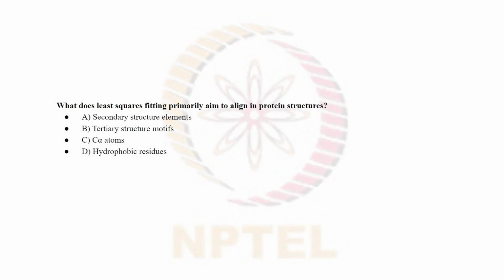So I have a question here. What does least square fitting primarily aim to align in protein structures? Whether it tries to align secondary structure elements, tertiary structure motifs, C alpha atoms, or hydrophobic residues. What does it consider for the alignment or overlap to happen?